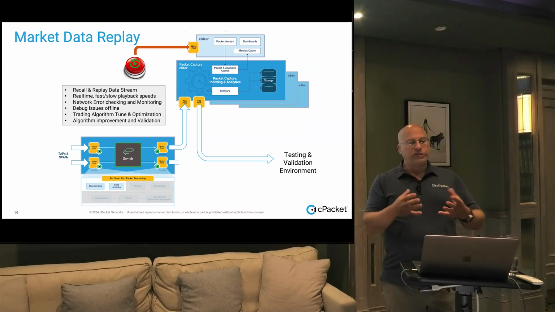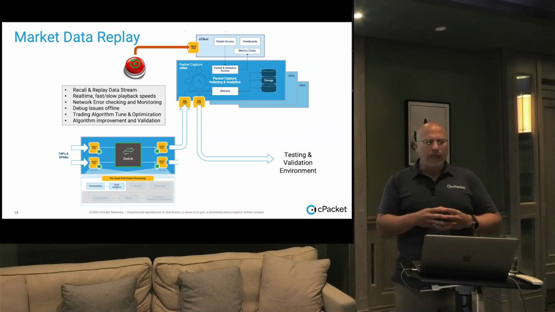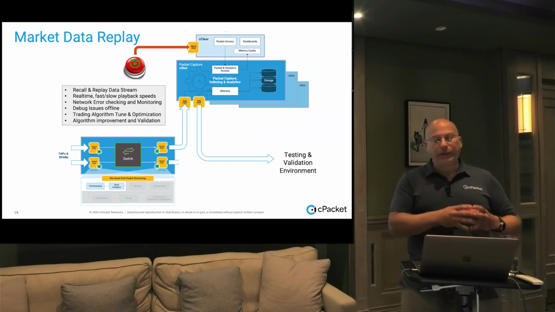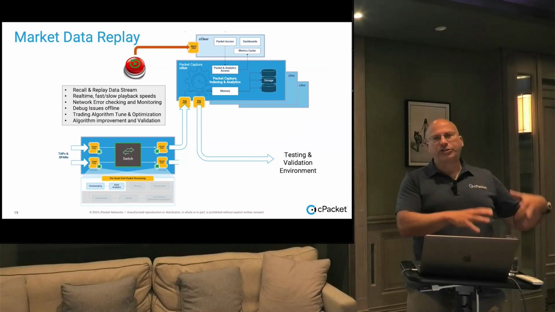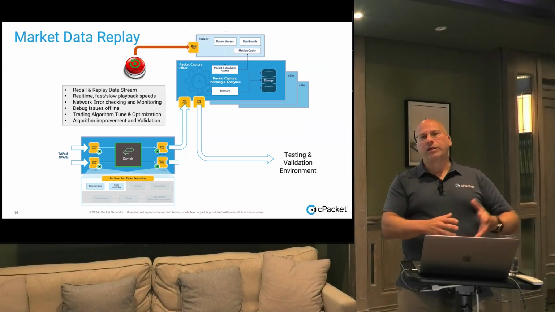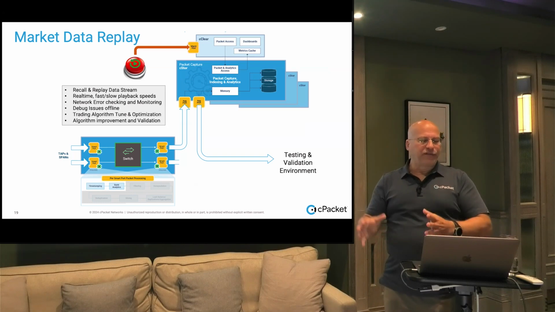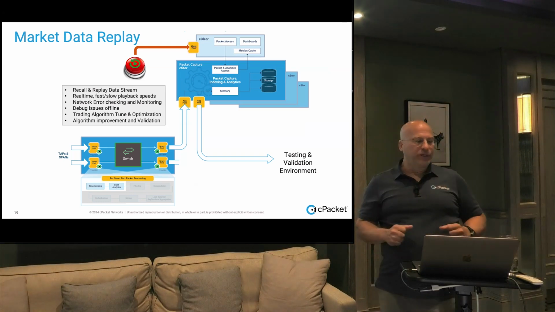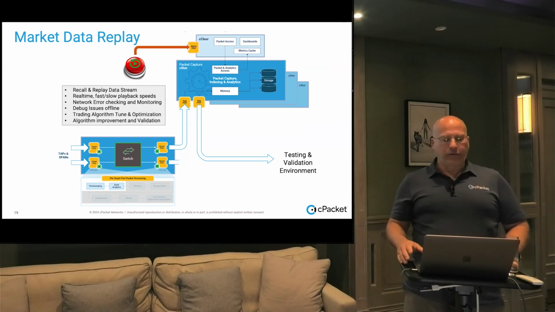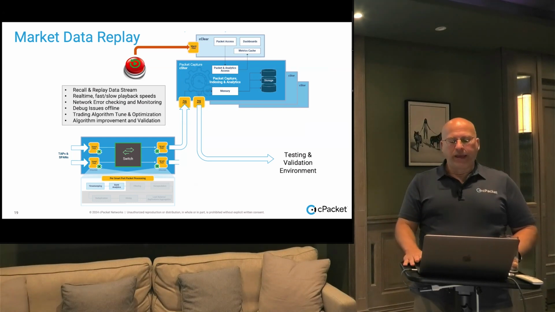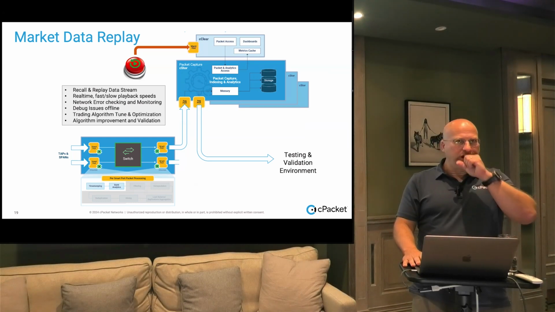And we're able to use our packet capture to replay the data so you can run in production, receive the data, and then off hours or the day after, replay the exact same stream at the same speed or faster or slower, and test or validate the algorithms on the other side.